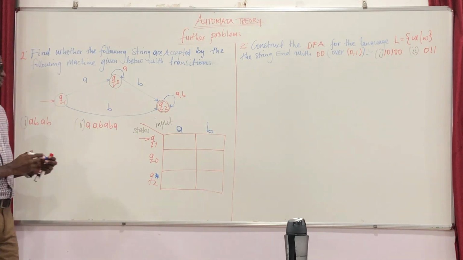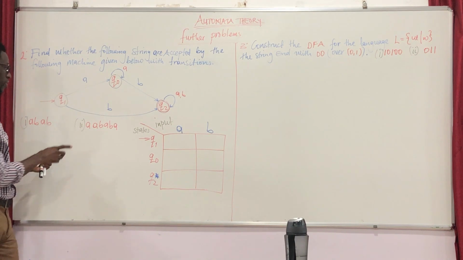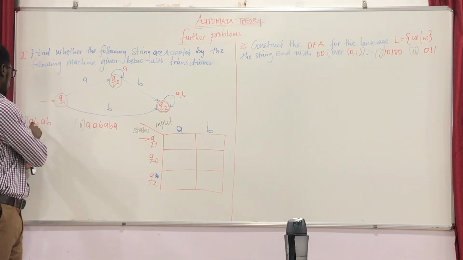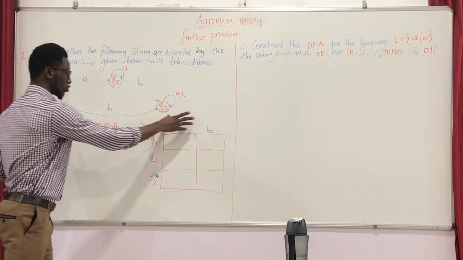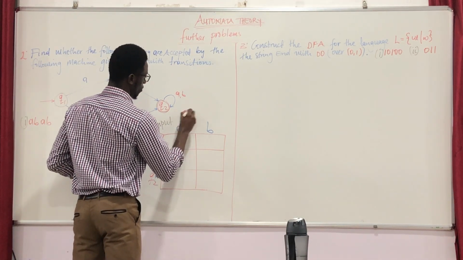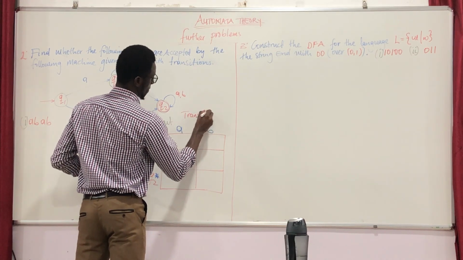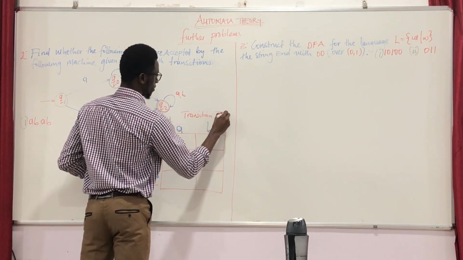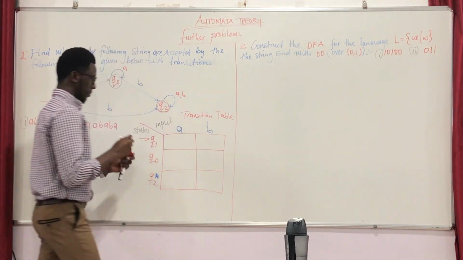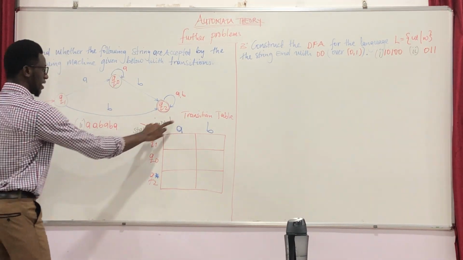So now let's see. Based on this problem we have on the board, we are going to solve this based on our transition table. So now let's see. Q1A is what?